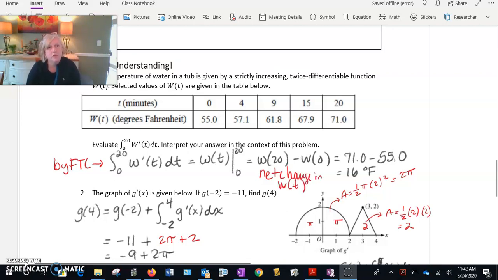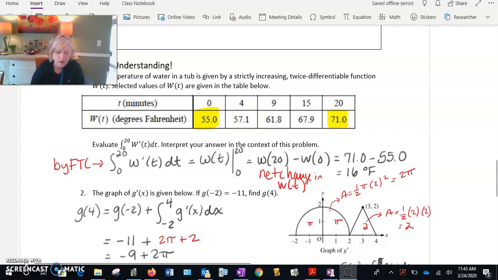So you're looking at the net change in the antiderivative, or the accumulation, the displacement. The idea is that you're using the values from the table. We're pulling out the value for W of 20 over here at 71 and W of 0 over here at 55, and then calculating your net change from that.